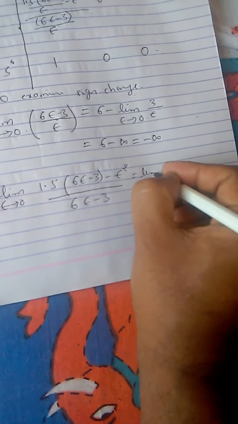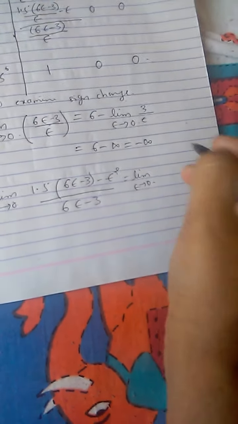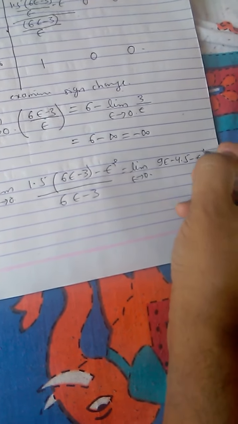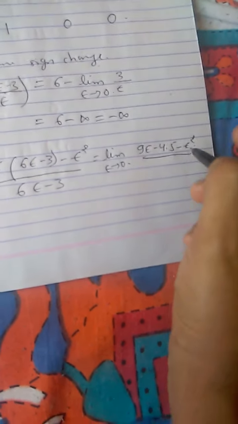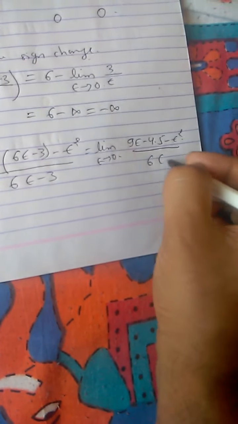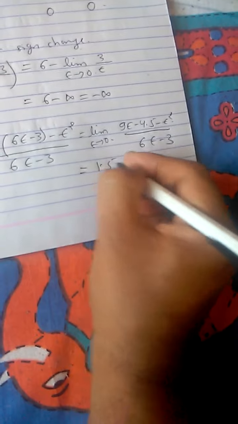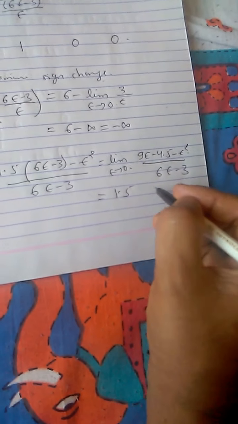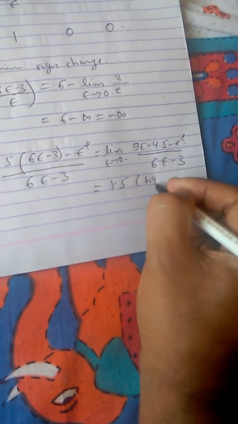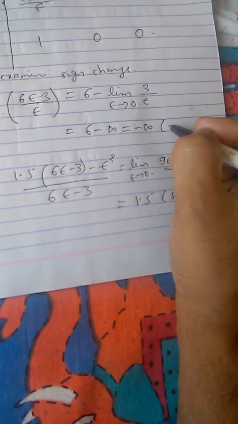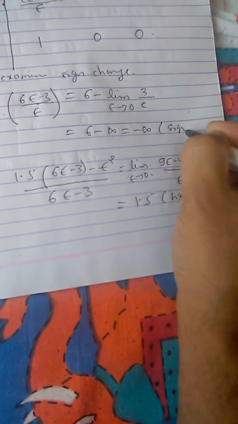And I'll be getting it as limit 9 epsilon minus 4.5 minus epsilon square divided by 6 epsilon minus 3. Then after simplifying I am getting plus 1.5. So the sign is positive here, and for the previous term I got negative.